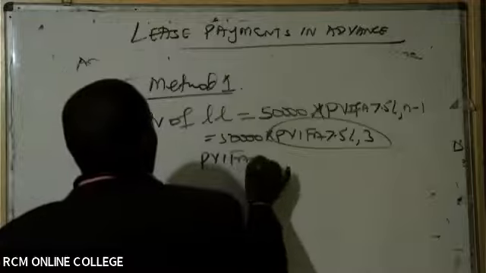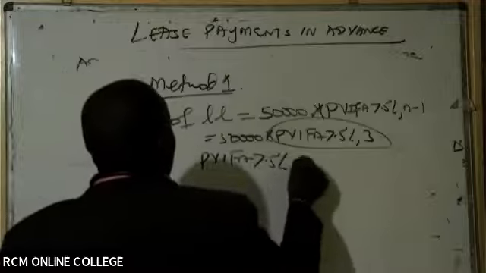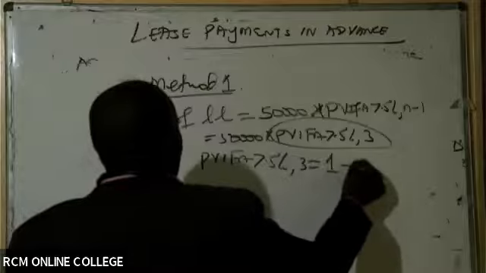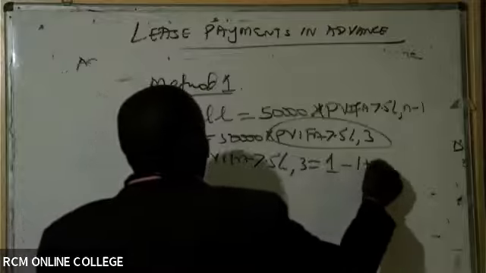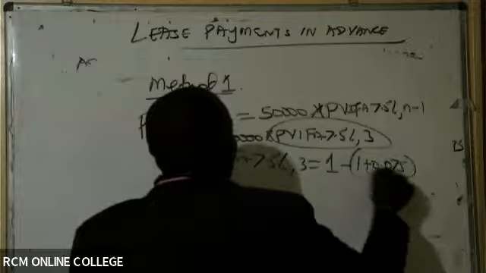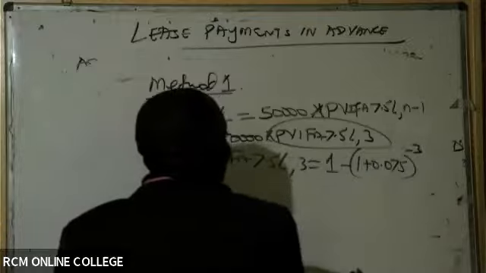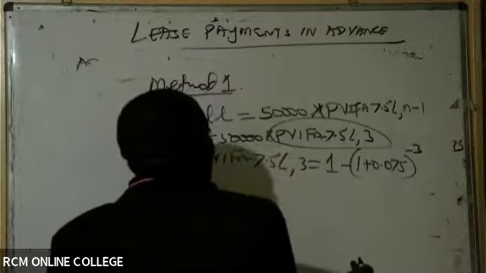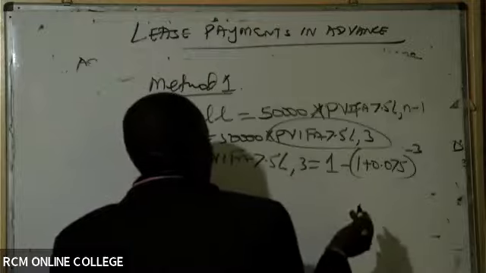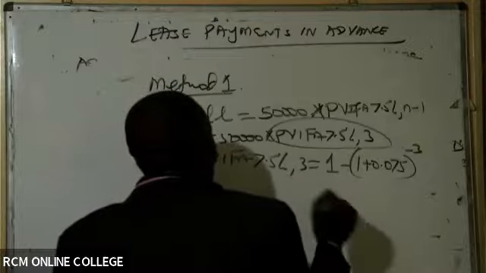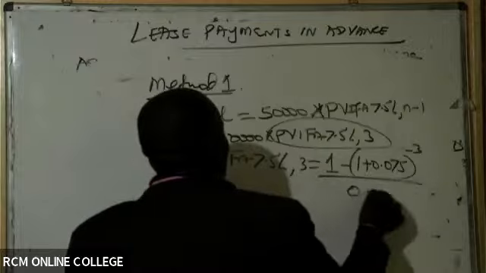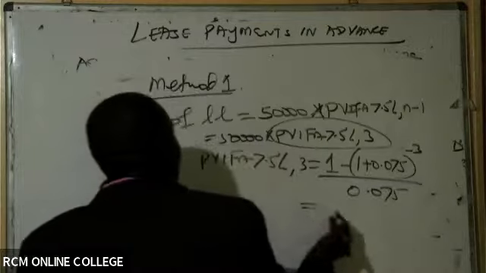So your role is to give us just this. PV for 7.5%, which will be 1 minus 1 plus R raised to n, where our n now becomes 3, right? Because we have already taken care of the n minus 1, so 4 minus 1, divided by 0.075. Can somebody give me the PV factor we got here?